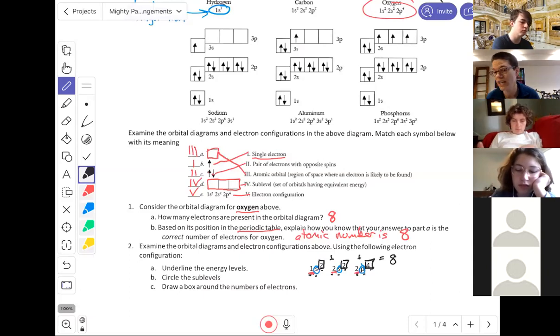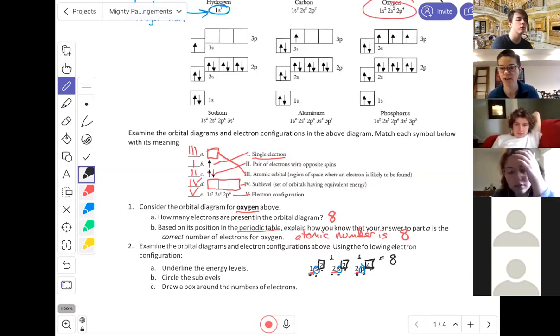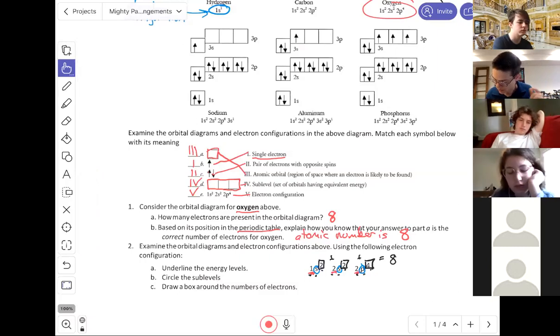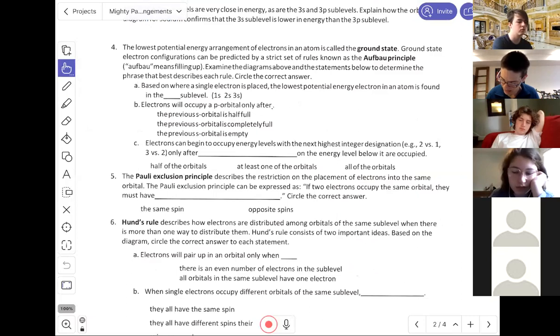So that would read as 1s2, 2s2, 2p4. That's what an electron configuration sounds like. And when you're saying one that's really long, we all sound like we're doing some weird chemistry chant, 1s2, 2s2, 2p6, on and on, because the pattern stays the same. All right, so we're going to move on to the next page, and it's going to kind of go back and forth with us a little bit.